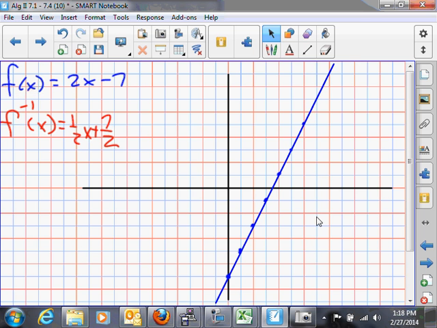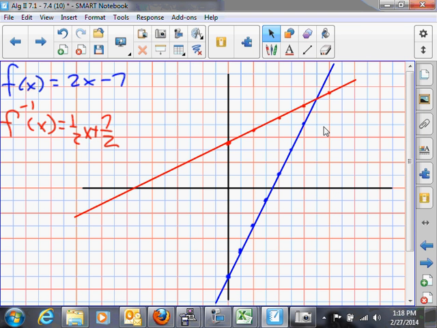So it goes through 7/2, that's 3.5, on the y-axis, and it has a slope of 1/2, so we'd have these points. And that graph would look something like this. And I'm going to make this one red so that you can see that.